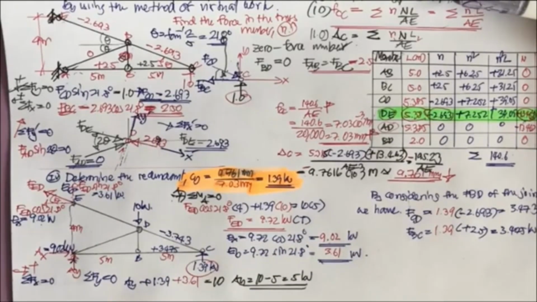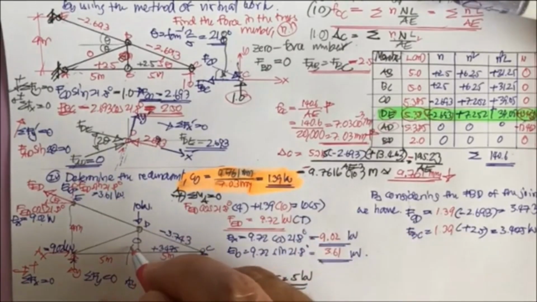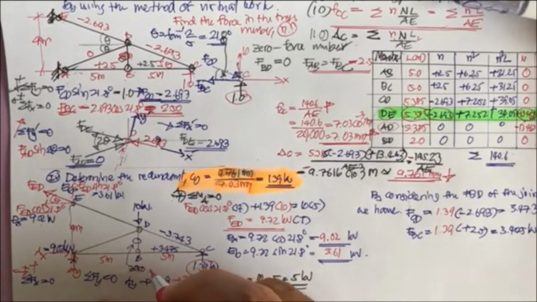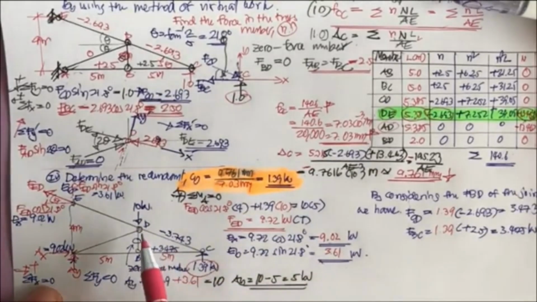Now, the concept of zero force member still applies. So this is going to be for zero force member. Okay, this is zero force member. Now, you just determine the force of this one and this one due to the 10 kilonewton. Okay, and then if you prefer, it's going to have the compression here.